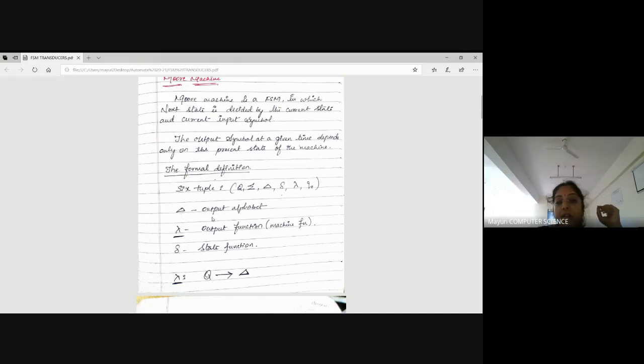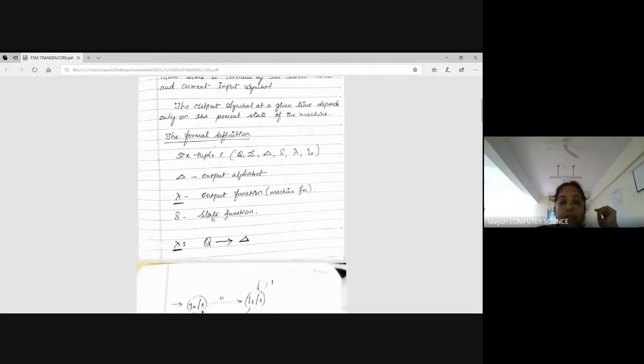In a particular state like Q naught, every state has its own output here. No need to go for the acceptance state, the end state. So there is a mapping like this. The output function is a mapping where every state has its own output alphabet.